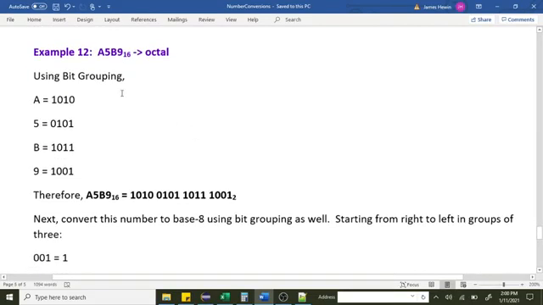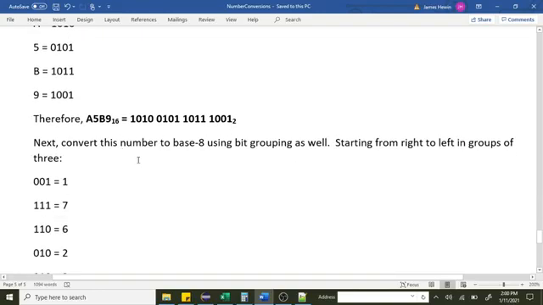And then same thing for going from base 16 to octal. Convert your base 16 number to binary just by writing out the bits that correspond to each hex digit. Now you've got it in binary, and you convert this to base 8 using bit groupings, but now you're doing groups of 3.